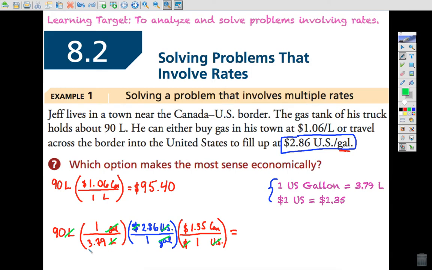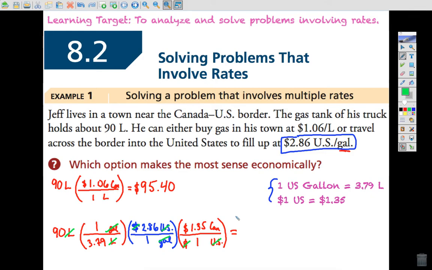Your other option is to put in your calculator 90, open bracket, 1 divided by 3.79, close bracket, open another bracket, 2.86 divided by 1 if you want, close bracket, open bracket, 1.35 divided by 1. I know it's not the most mathematically efficient method, but I'm just setting up my conversion factors exactly how they look. And I think I missed a decimal place there at some point.